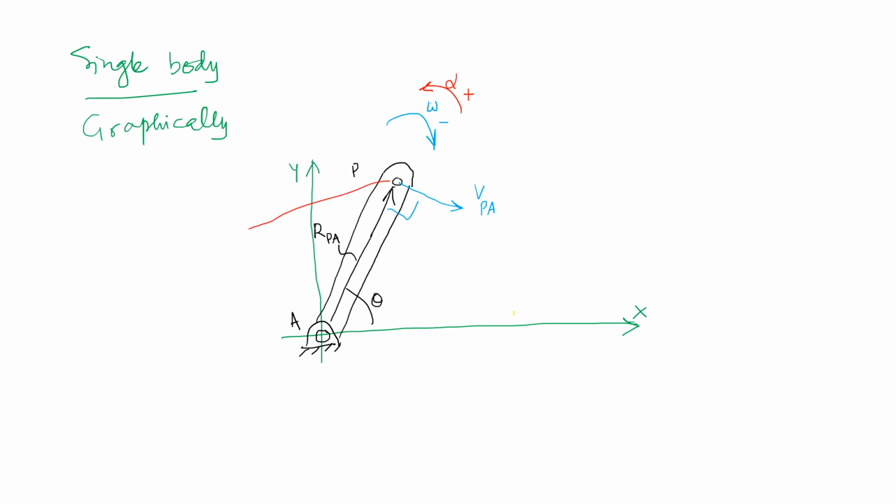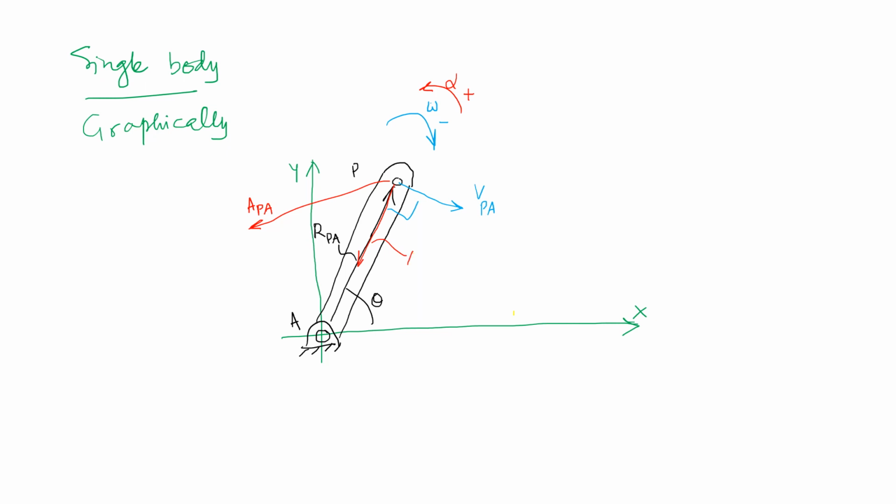Possibly this may look something like this, which is the acceleration of point P with respect to A. And obviously it is going to have two components. One is the normal component, which we also call centripetal acceleration. This looks somewhat of this form.